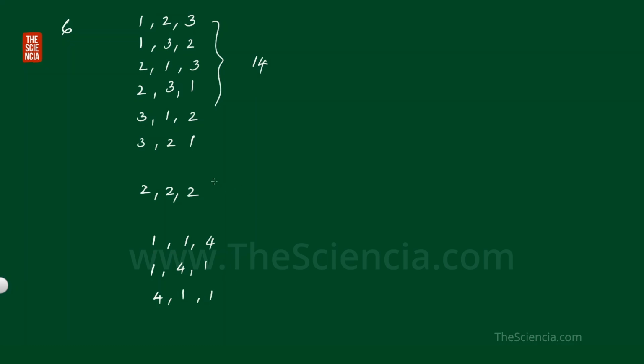Here it is 2 square plus 2 square plus 2 square, that is 12, and for this combination it will be 1 square plus 1 square plus 4 square, that is 18. So the increasing order is 12, 14, and 18, so the energies are 12E, 14E, and 18E.